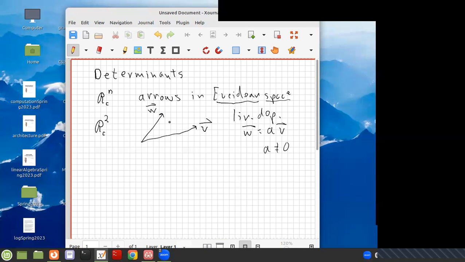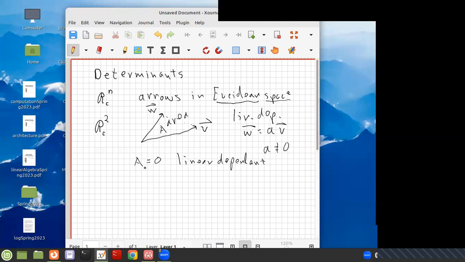So if we look at it geometrically, we can see that these two lines define some kind of area in here. We can define it in many ways, like we could just make the triangle, right? And there'd be an area A in here, and you can see that if A equals 0, these two vectors are linearly dependent. And that doesn't depend on how they're oriented, right? I can think of them in this way.